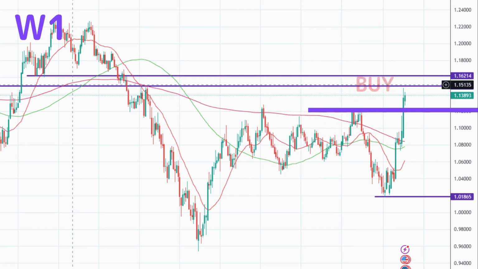Why? Because there's still a strong possibility of a pullback or correction like this one here. If you're aiming for a more conservative and solid trade, it's better to wait for a clear pullback and then look to enter on the dip. As I mentioned in the previous video, I'm also watching for the potential formation of an inverse head and shoulders pattern. This scenario is still valid and continues to be part of my outlook.